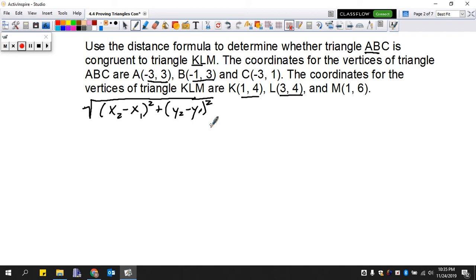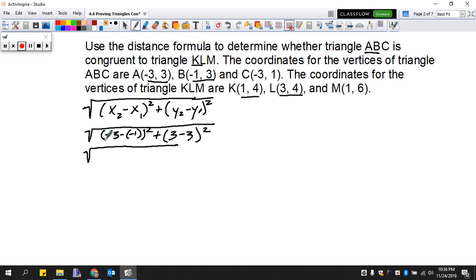Let's find the length of AB. x2 minus x1, so the square root of (-3 minus -1) squared plus (3 minus 3) squared.